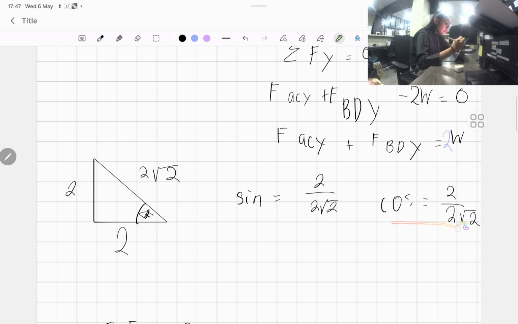For the cosine, we find the value beside the alpha and also the diagonal value. The value of the cosine is similar to the sine. Both of them are 2 over 2 root 2.